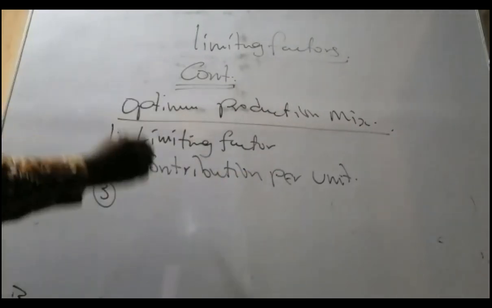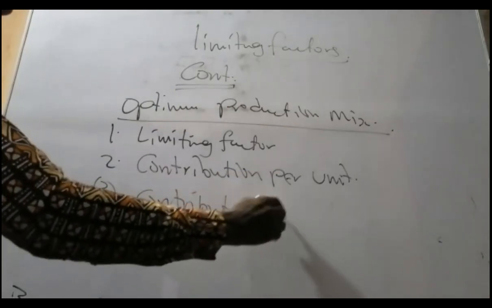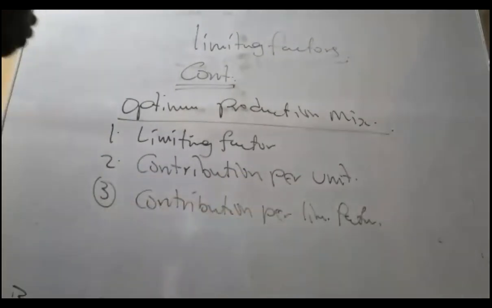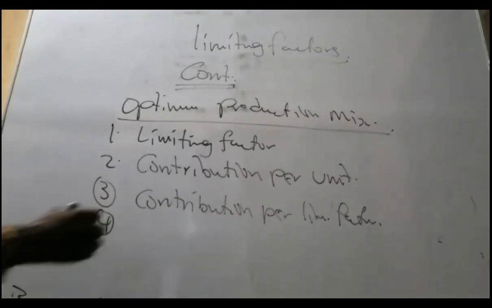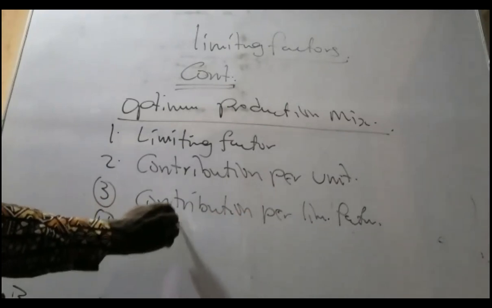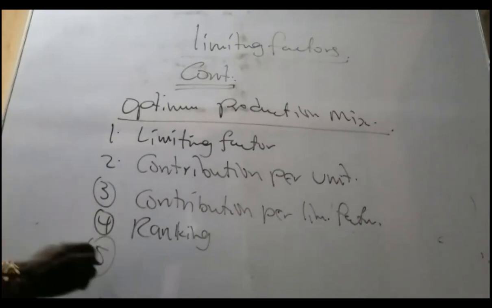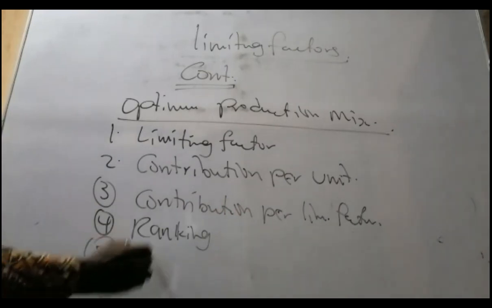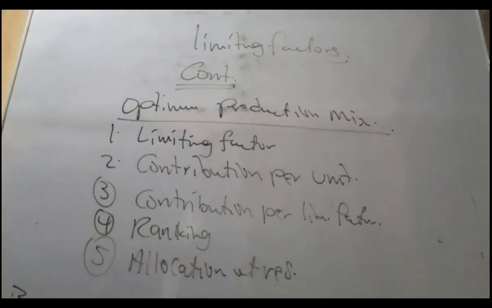Here it will be contribution per limiting factor. Step 4, we rank them. Then step 5, allocation of resources, and then the optimum production mix.